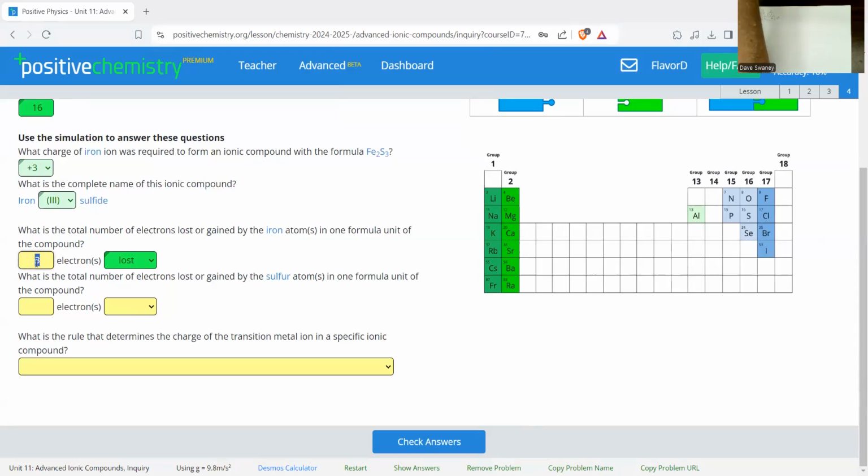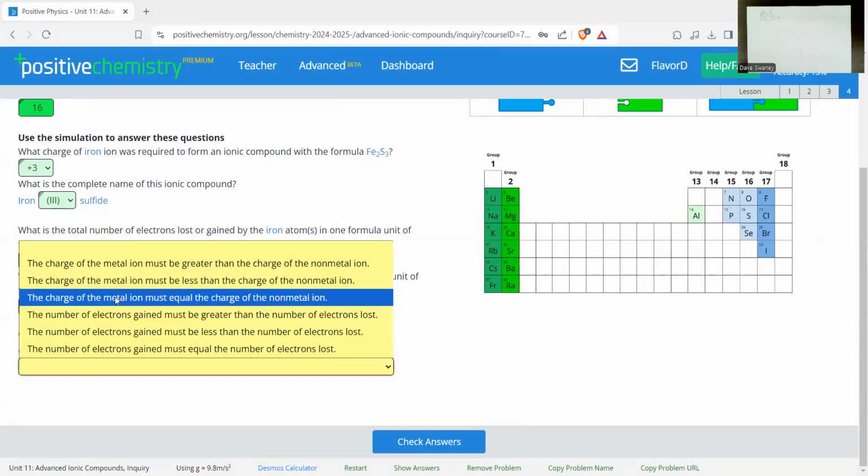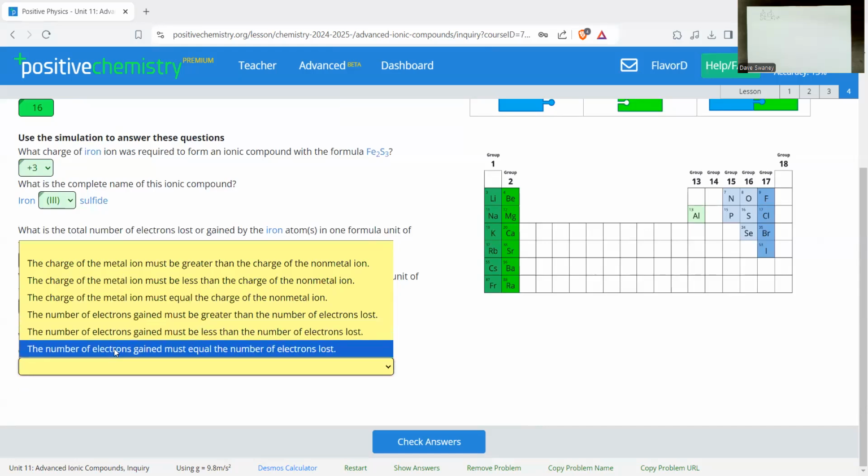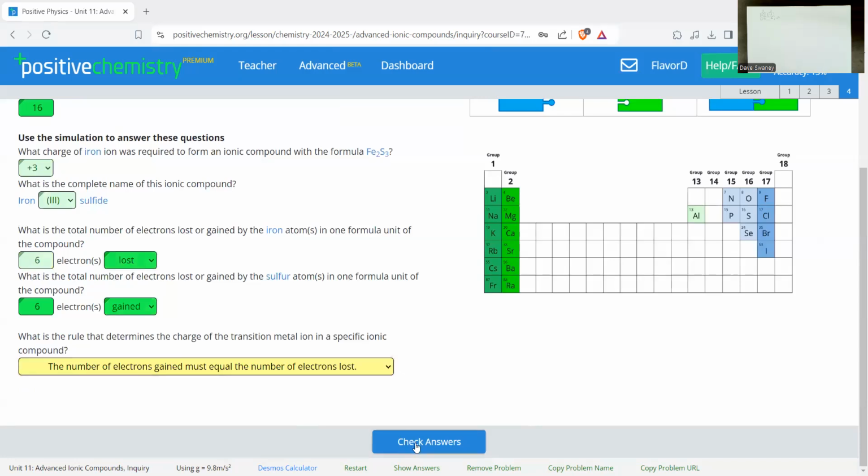Oh, the total was 6. And the total here was 6 gained. And what's the rule? That they must be equal. The number of electrons gained must be equal to the number of electrons lost.